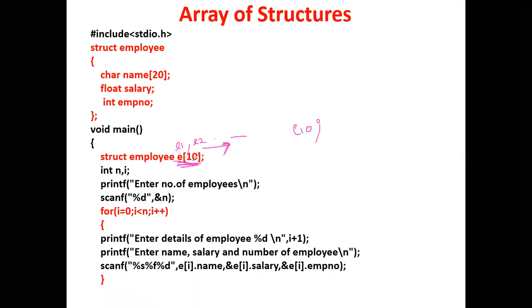So in this structure variable E[10], I can store 10 employee details, 10 different employee details like name, salary, and employee ID. Instead of writing E1, E2, and so on to E10 in a single line, I can simply write E[10]. I want to store 10 employee details, so this is array of structures.